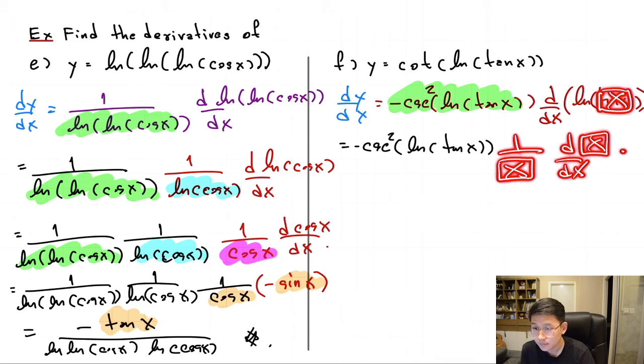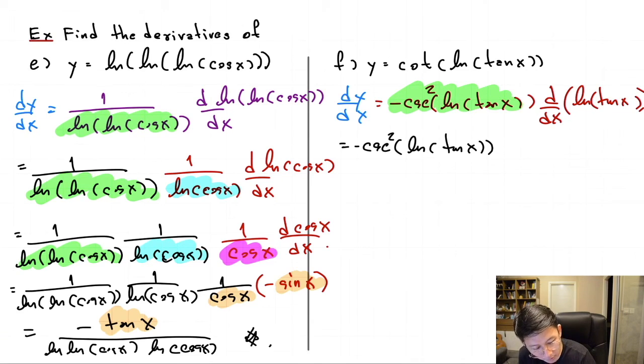Okay, so what we have is 1 over tan x and d tan x by dx.